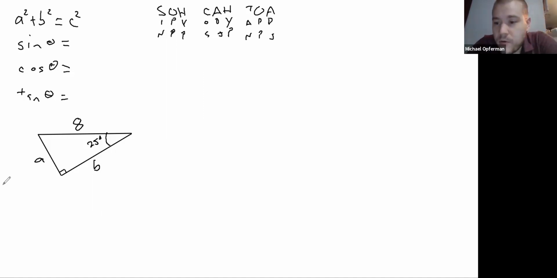And that helps you remember these 3 equations here, that sine of theta is opposite over hypotenuse.